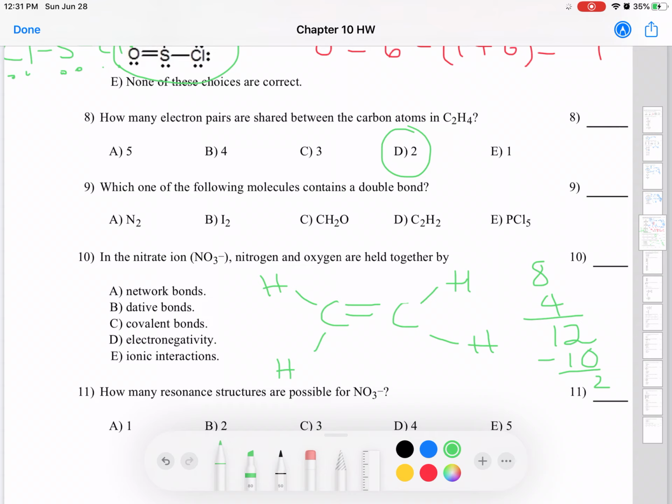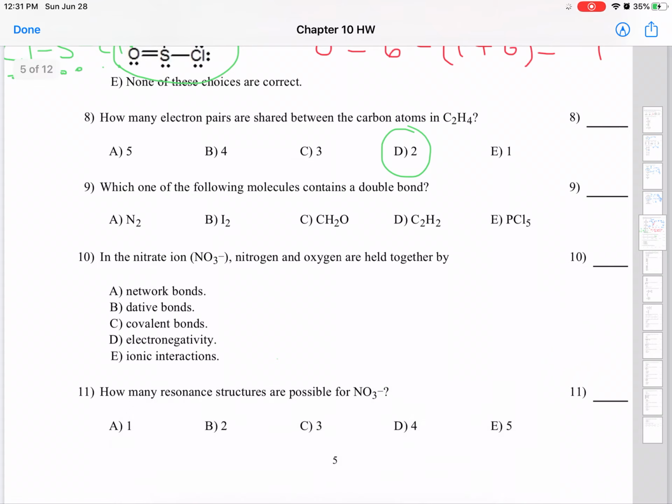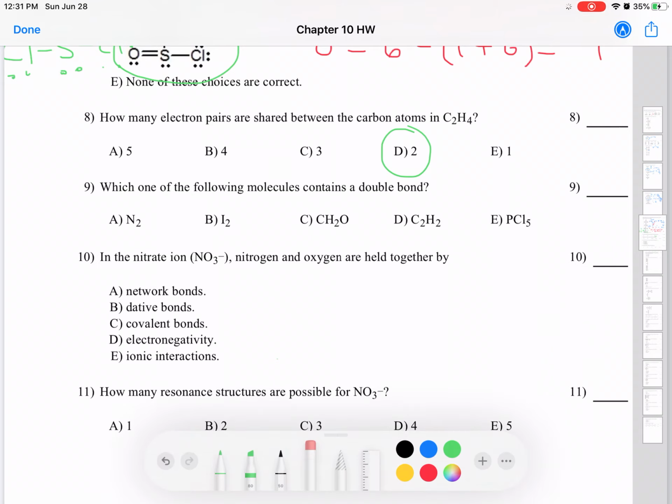Number 9, which one of the following contains a double bond? Again, for this one, you have to draw all the structures. When you draw all the Lewis structures, you will see that between nitrogen, it's going to be a triple bond. So this is the Lewis structure for nitrogen.